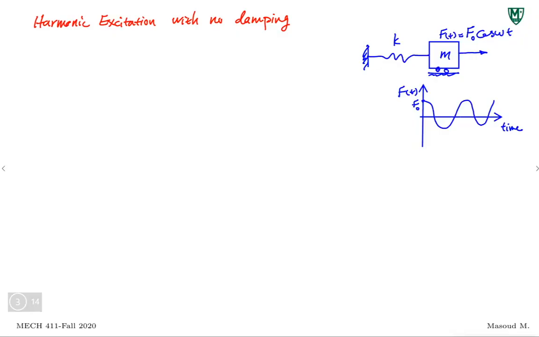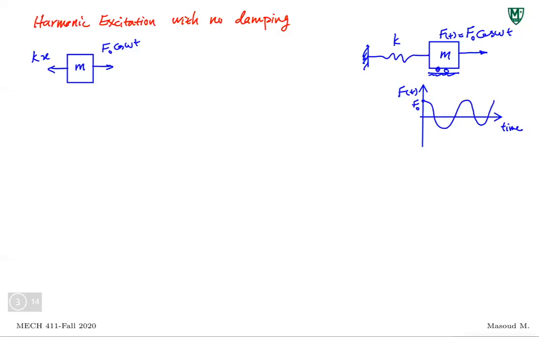Now I want to take a look and see how we can find the system response under this kind of excitation when there is no damping. All right, let's take a look at the free body diagram. If I draw that here, this is going to be my free body diagram, mass M. I still have kx, and I'm supplying this force, F naught cosine omega t.